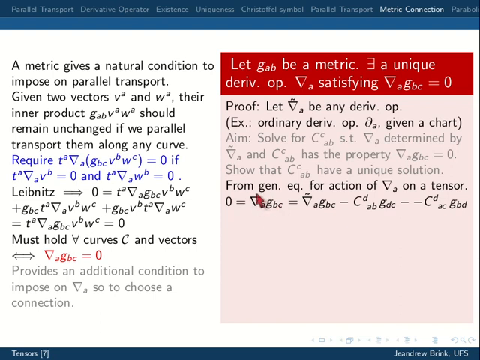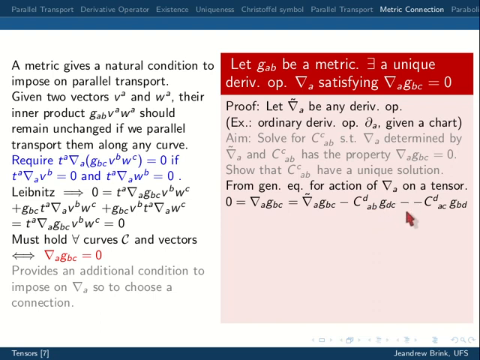And what that means is we simply write out what this derivative operator is in terms of this other derivative operator. So this thing is the other derivative operator applied to g_bc, minus, both indices are lower, so they behave like one-forms, so it's minus C^d_ab times g, and you're contracting the d's, so whatever was there would be b over there.